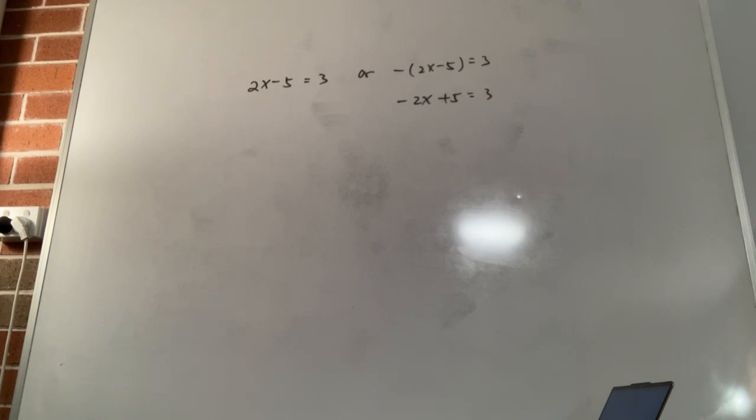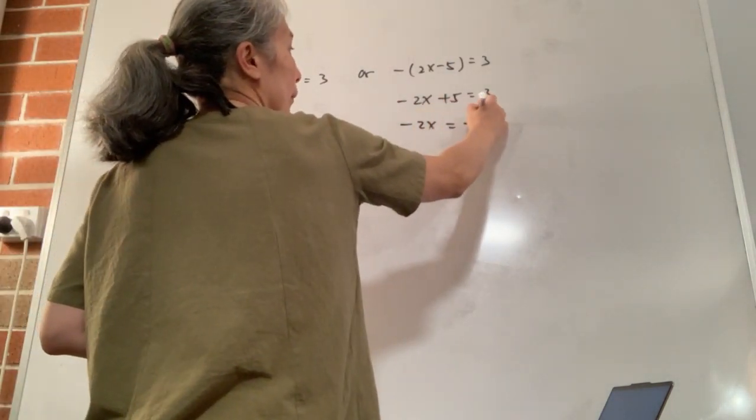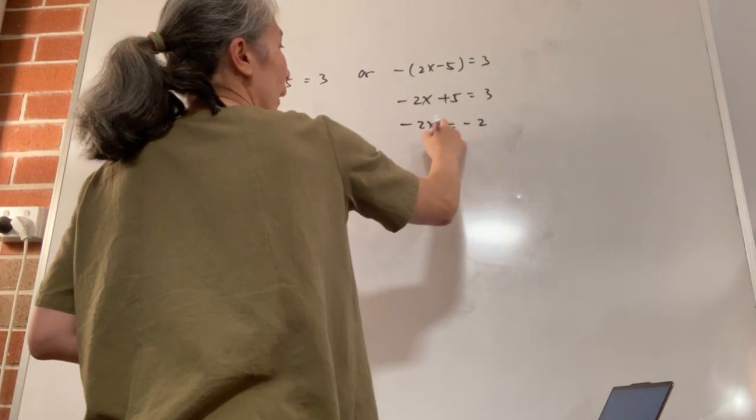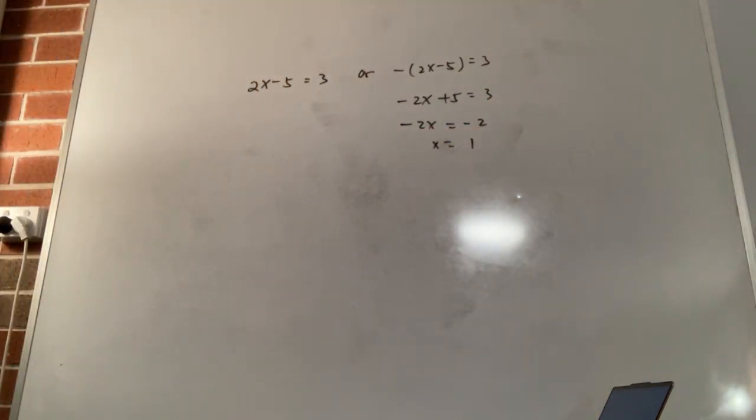Is that minus 1? No, it's a positive 1, because 3 minus 5 is minus 2, so it's positive 1. You're right. Minus 2, so x equal to what? Yeah, it's 1.